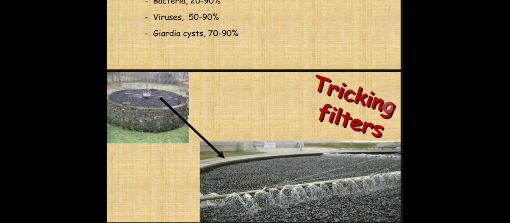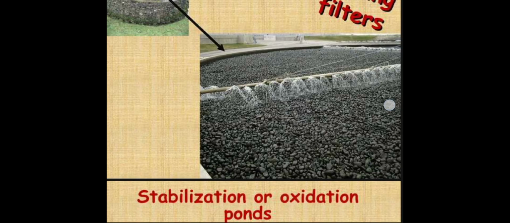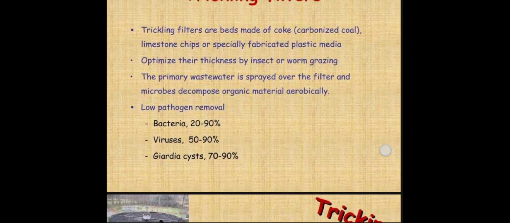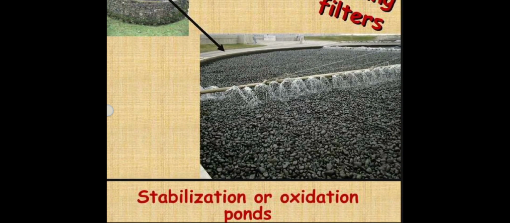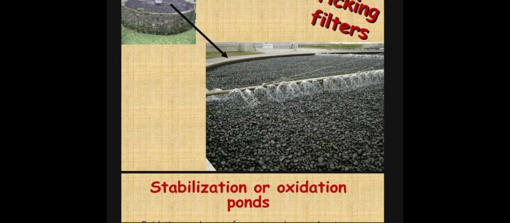It looks like a cake, and this cake is made up of coal, limestone chips, or separately fabricated plastic media. The effluent, the wastewater, will be sprayed on the top of this layer.